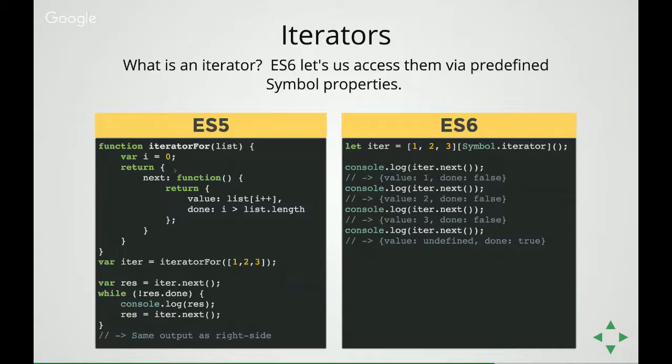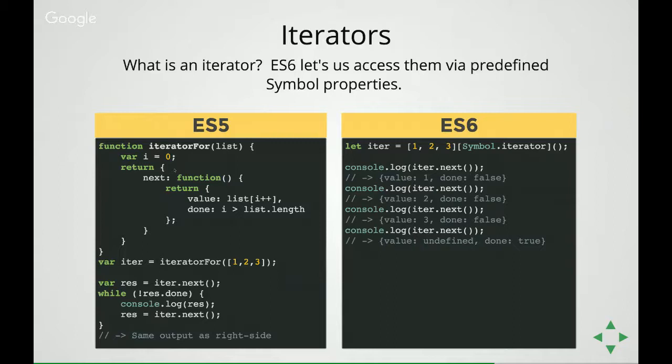And in ES6 land, we can access the iterator of collections directly by using Symbol.iterator. I'm not going to talk about symbols, which is a new variable type in ES6. I believe Firefox and Chrome support those pretty widely. I tested most of this code on the latest version of Chrome, so it all works. So you can take an array, either a literal or an array variable, and access the Symbol.iterator property, which is going to be a function, much like our iteratorFor.